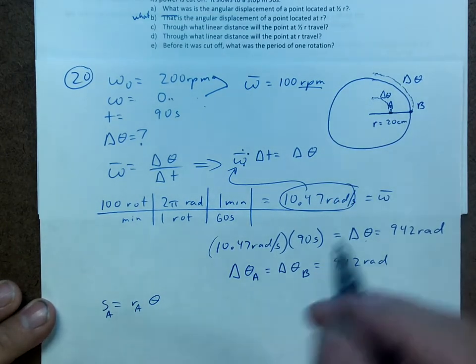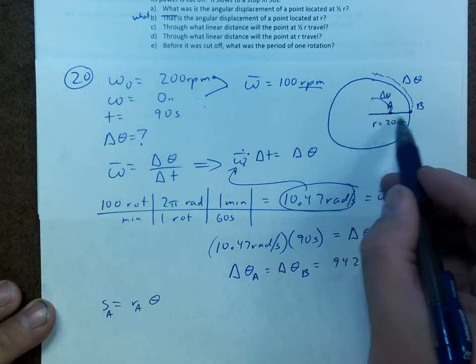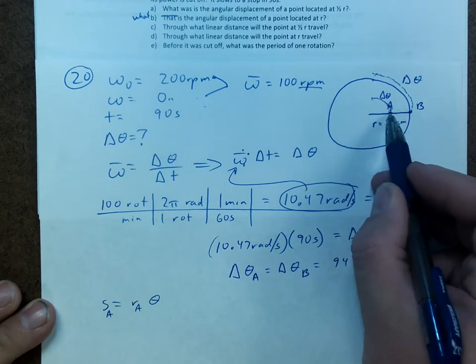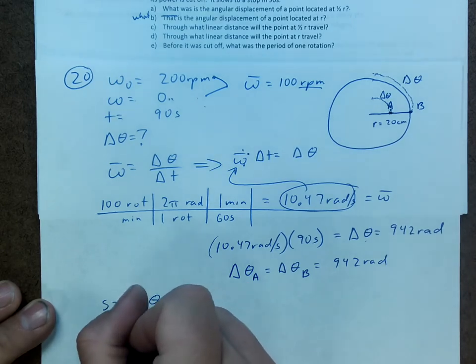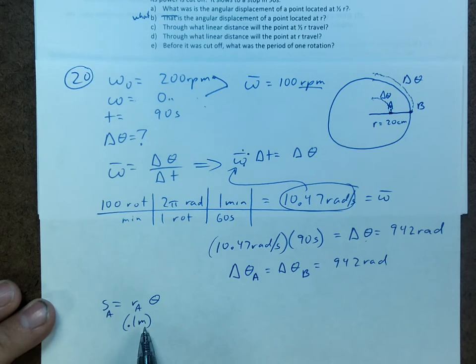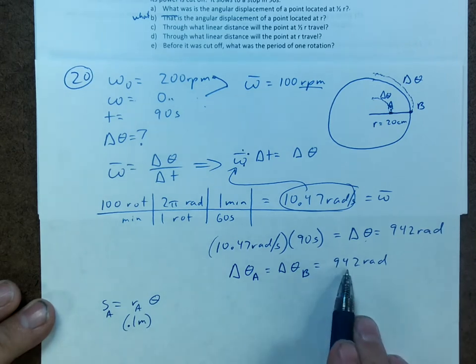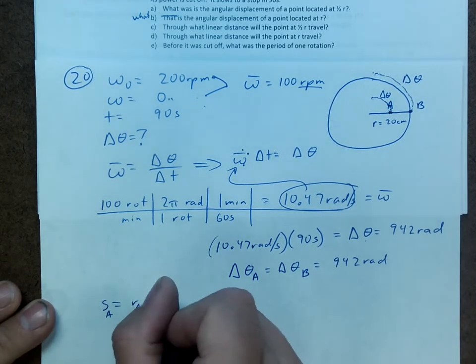The full radius is 20 centimeters. To point A, the radius is going to be only 10 centimeters, or 0.1 meters. It moves through 942 radians.